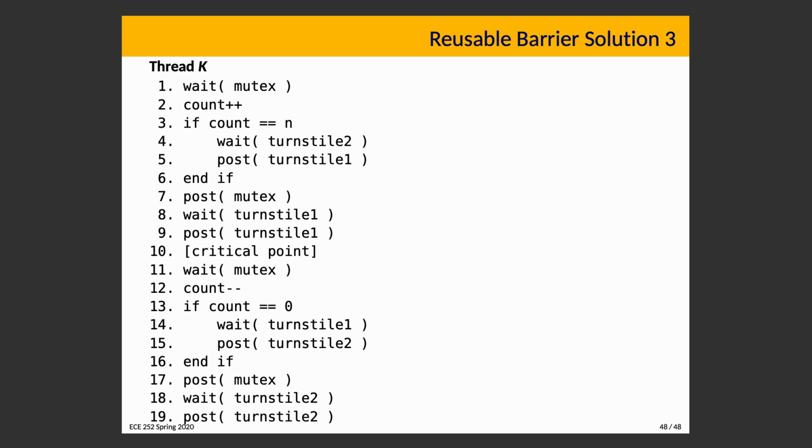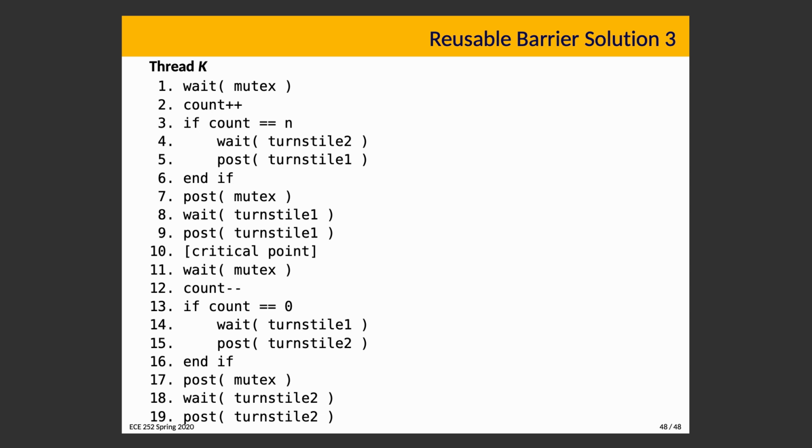If we are the first thread that's arriving, we'll wait on the mutex, increment count is 1, skip the if because it's not true, post on the mutex, wait at turnstile 1 and get blocked. If we are the last thread in this phase, then we do the locking of the second turnstile and the unlocking of the first.